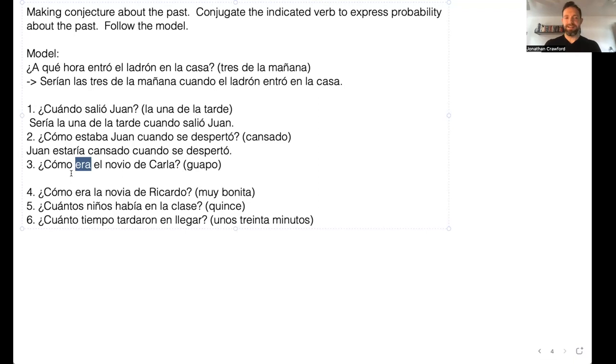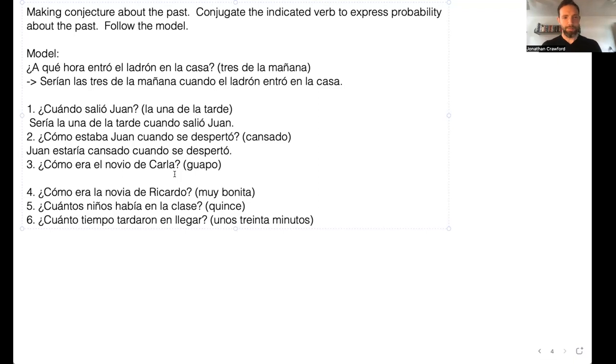But if you use ser, then it means what was he like. So what was Carla's boyfriend like? And the answer is guapo, handsome. He was handsome, okay? But we want to say he was probably handsome. He was probably handsome. Because, Carla, so yeah, he was probably handsome if he's hooking up with Carla, okay?